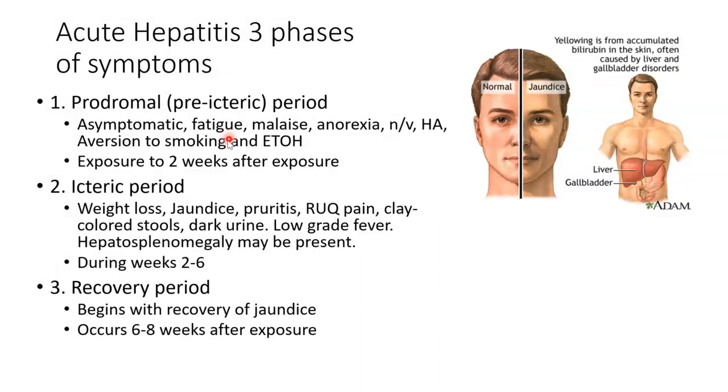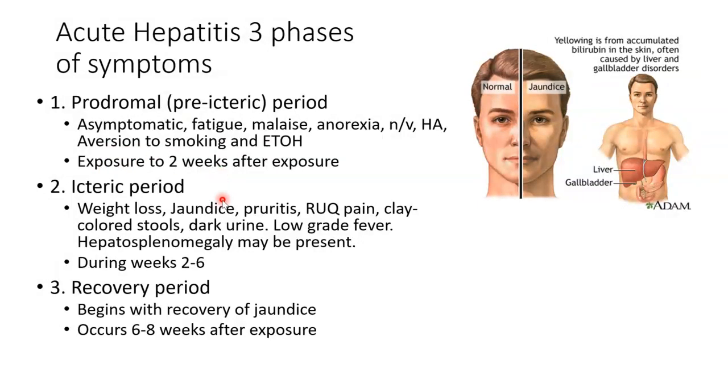I'm just not feeling well. General malaise and fatigue, nausea, vomiting, maybe some headache, anorexia, aversion to smoking and alcohol. These are just general symptoms of having a virus. So they can have nothing or just this, from exposure to 2 weeks after exposure.